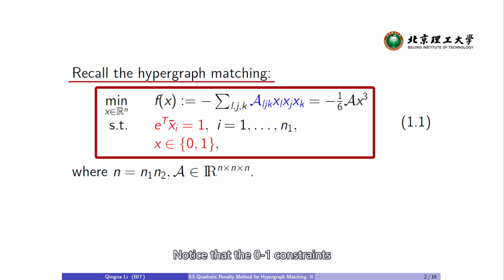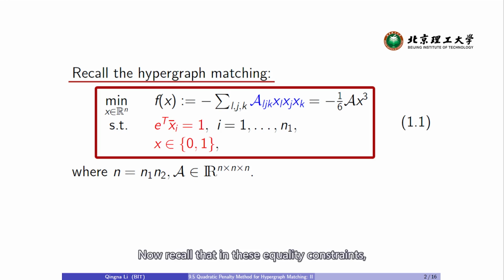Notice that the 0, 1 constraints mean that this problem is a discrete optimization problem, or more specifically, a 0, 1 integer programming problem, which is in general NP hard to solve. Therefore, in this part, we will mainly discuss how we can design algorithms to solve this problem.